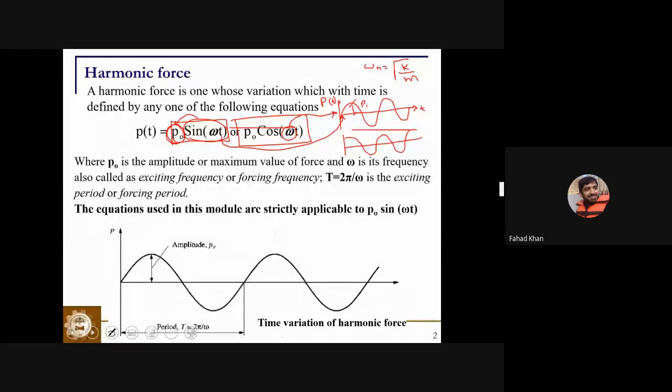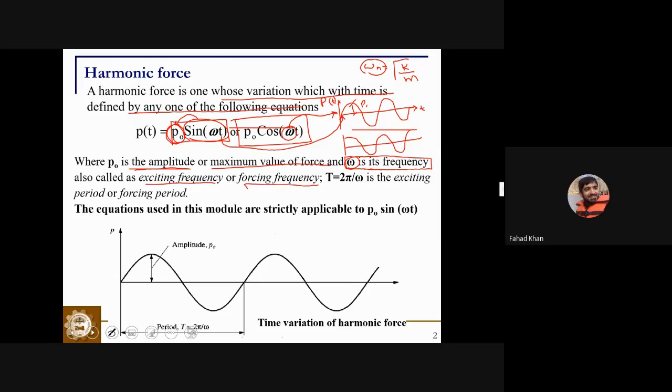Now, a harmonic force is one whose variation with time is defined by any one of the following equations, where P naught is the amplitude or maximum value of force, and omega, which should not be confused with omega n, is its frequency. So omega is the frequency of the force, also called the exciting frequency or forcing frequency.